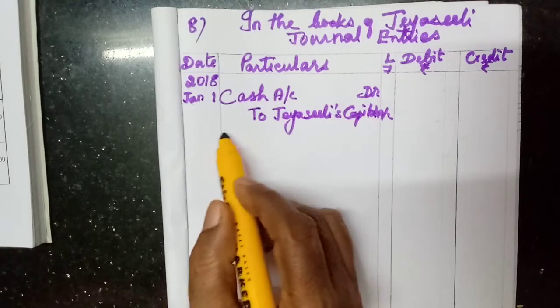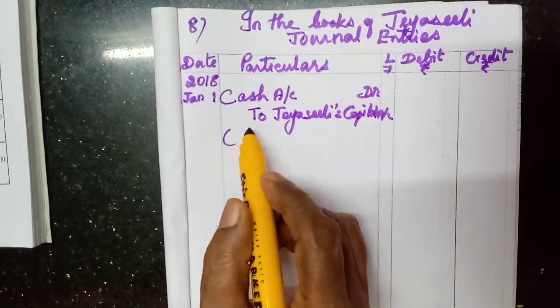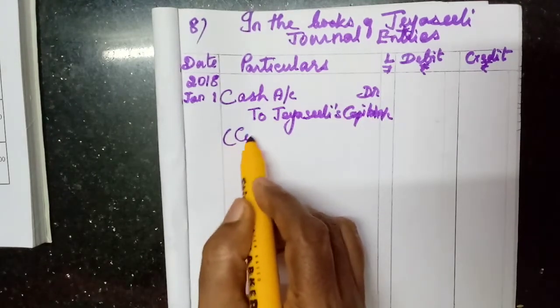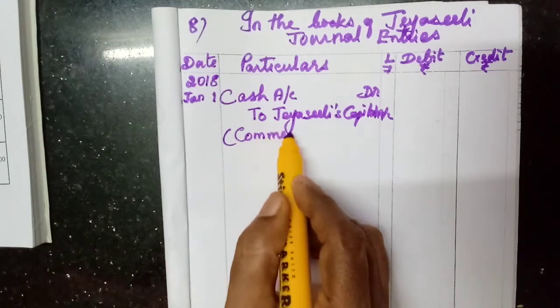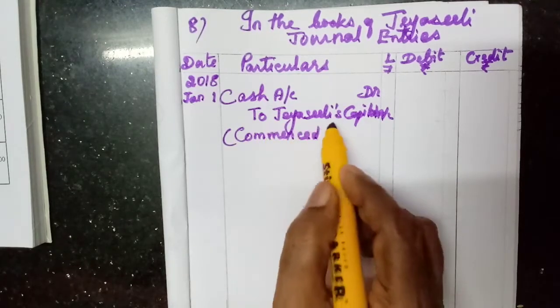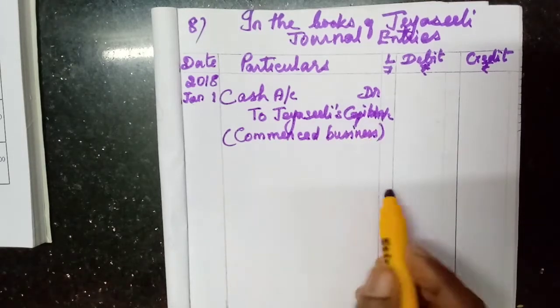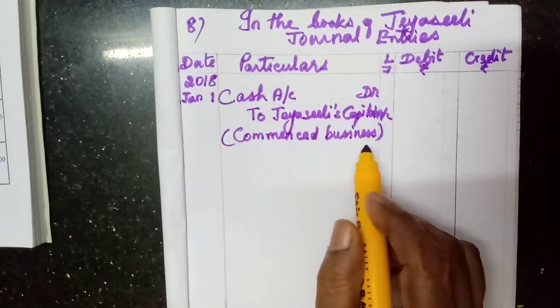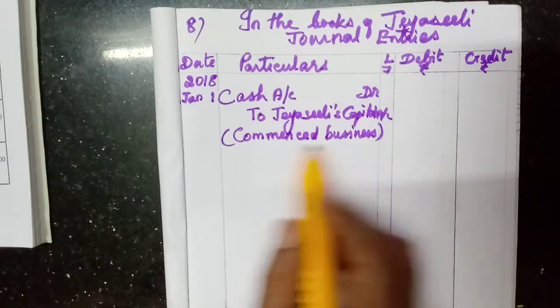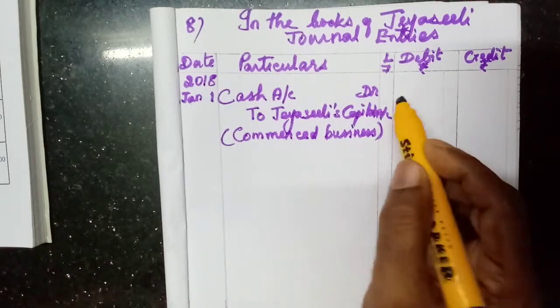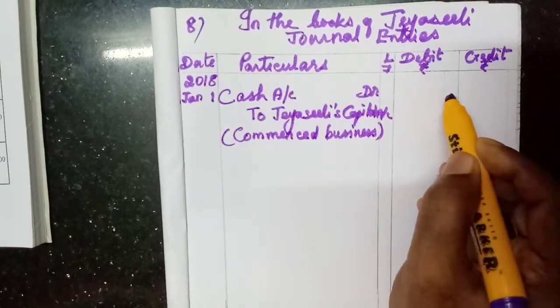Okay, then commenced business. Fully we can write J. Seeley commenced business with cash. Okay, commenced business 80,000. Here you should start from here.